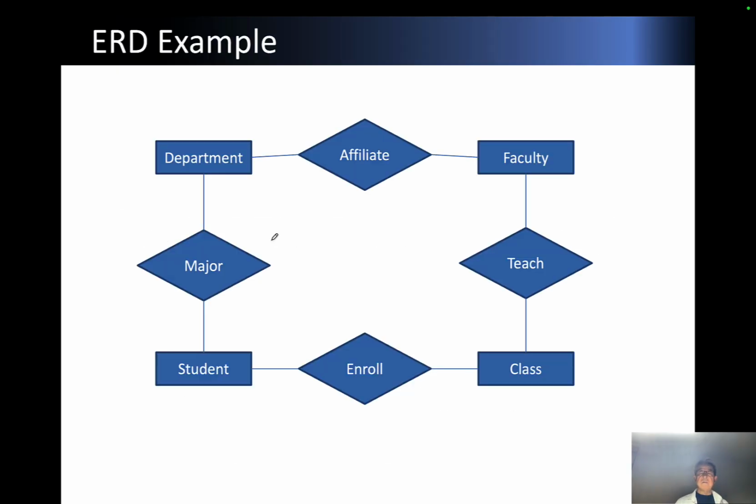The ER diagram was first invented by Peter Chen when he was a PhD student at Harvard University. And he became famous only because of this ER diagram.